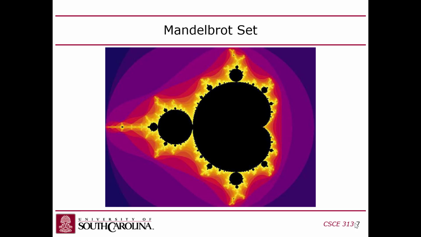So if you zoom in to the edges of where the black meets the colored pixels, the black pixels are the ones that are in, and the fringe ones are the ones that are sort of almost in, to varying degrees, where the brightness of the color represents how close those pixels were to being in the set. Does that make sense?